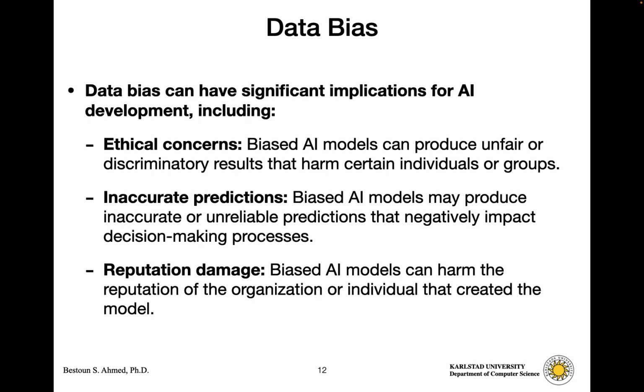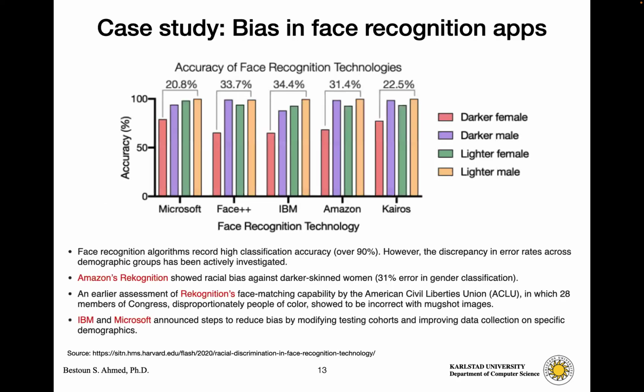As we said, when you train with bad, imbalanced, or biased data, that will not give an accurate or reliable decision. And sometimes a biased decision by the AI model causes harm to the reputation of the company. If the model always gives biased decisions, the reputation in the market is not good later on.